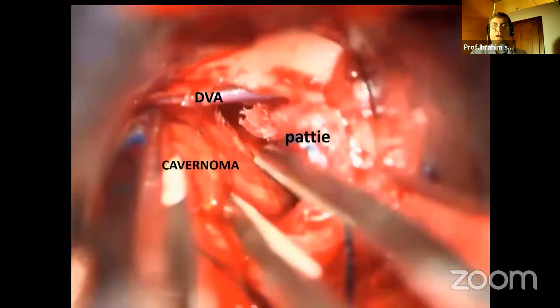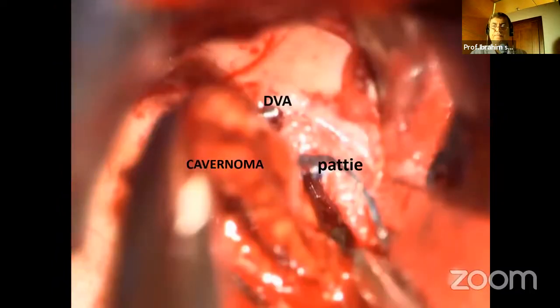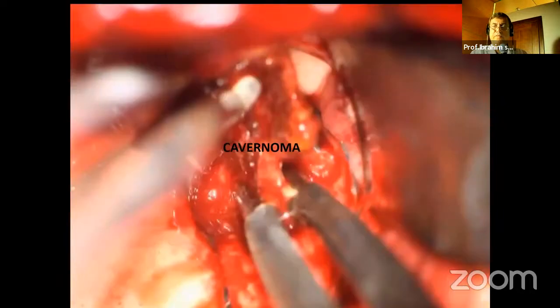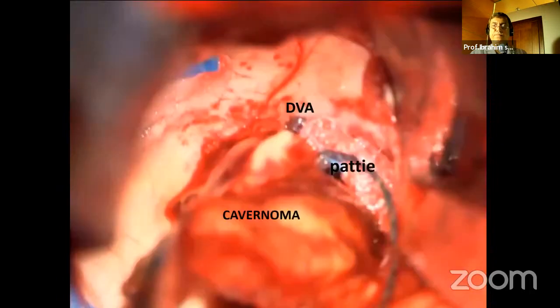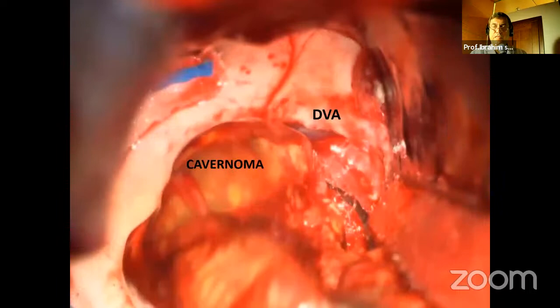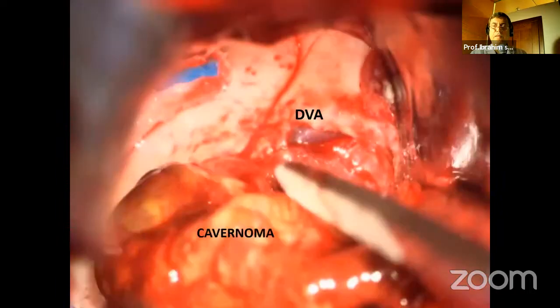I'm taking the cavernoma out now. The cavernoma is being taken from inside the brainstem. It's a large one, as you can see. You have to remove it totally, because if you leave some, it will bleed again.